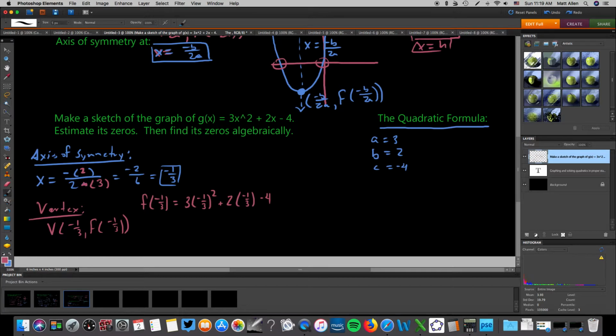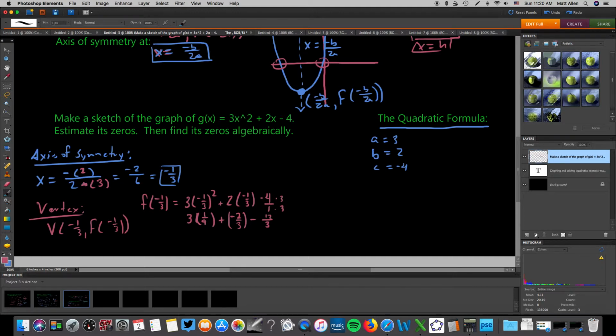So simplifying this, let's do our operations first. Exponent: if we take negative 1/3 times negative 1/3, we get a positive 1 over 9 if we multiply those straight across. Here we get a negative 2/3 when we do this. And then I'm going to go ahead and write this right here, as a matter of fact, as thirds. So if I take 4 over 1 times 3 and times 3, I get 12/3.